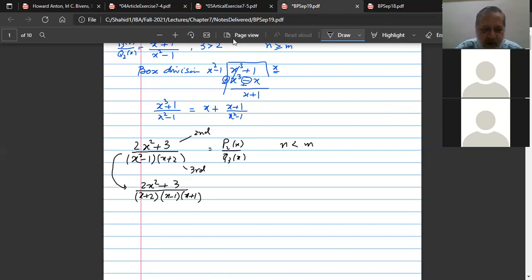Every factor in the denominator is a linear factor. So this should be equal to some constant upon first linear factor plus some constant upon second linear factor plus some constant upon third linear factor.